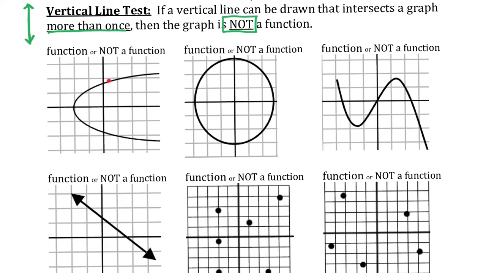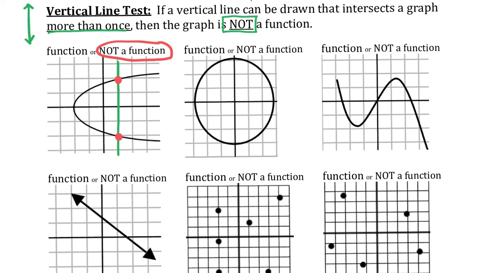So this is the graph right here. I want to try to draw a vertical line that will intersect the graph more than once with the same line to show it's not a function. So if I were to draw a vertical line here, it will intersect the graph here and here. Because the same vertical line can intersect the graph at more than one spot, this makes it not a function.